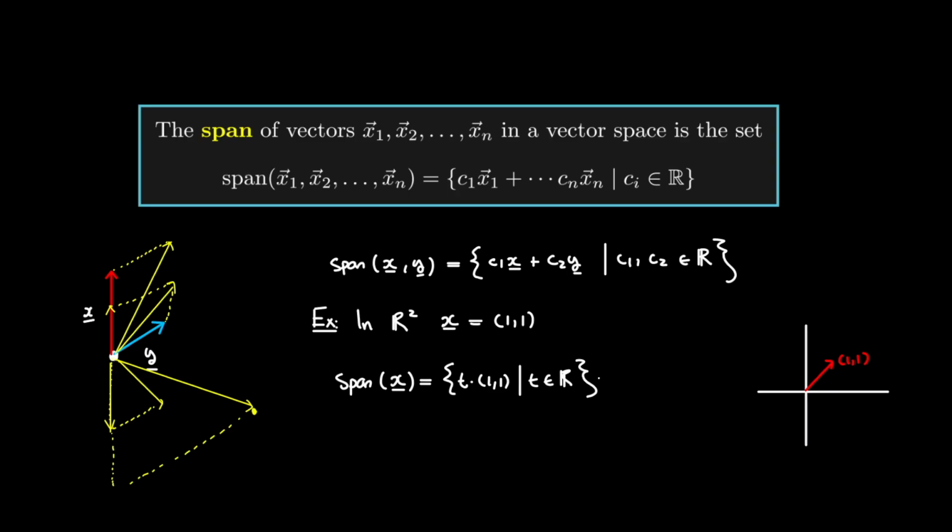Now you'll quickly see that all such vectors are just the vectors which lie on the same line. So the line that is generated by this vector is what this span is going to be exactly equal to. In other words, this span is just equal to the set of all (x, y) such that x is equal to y. And it's as simple as that.